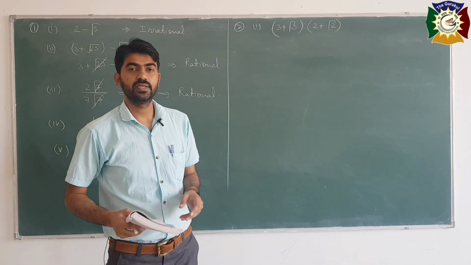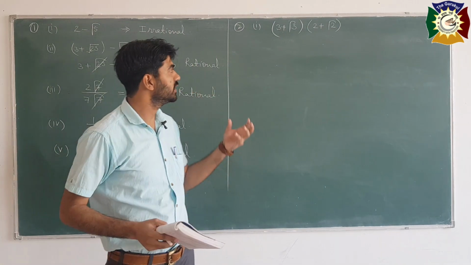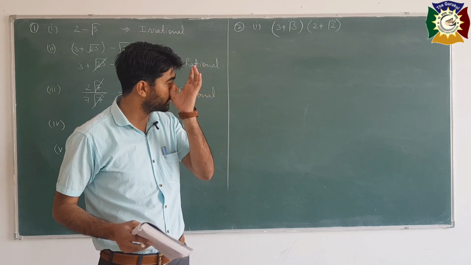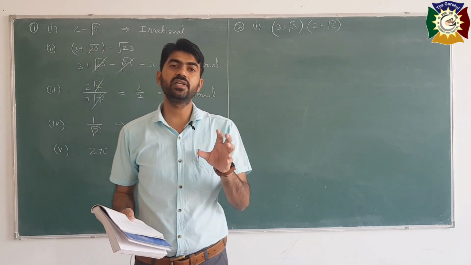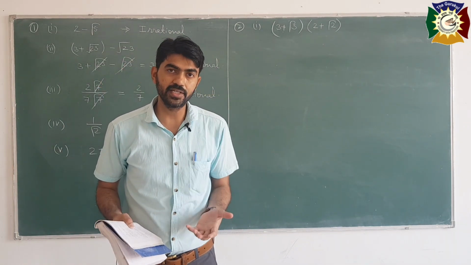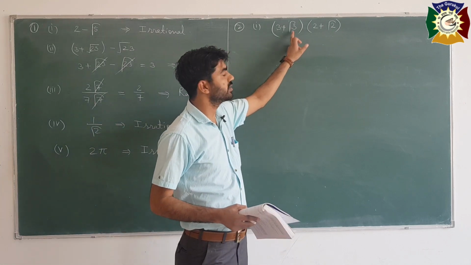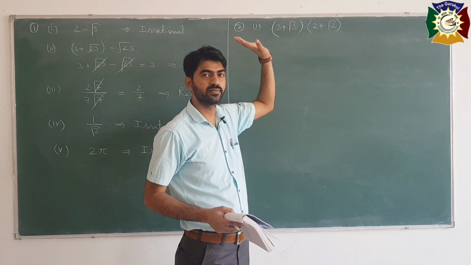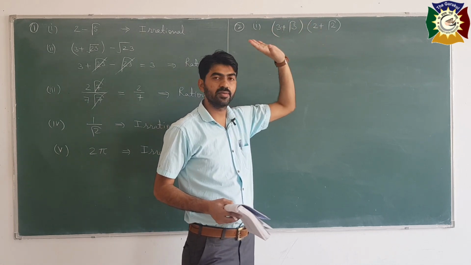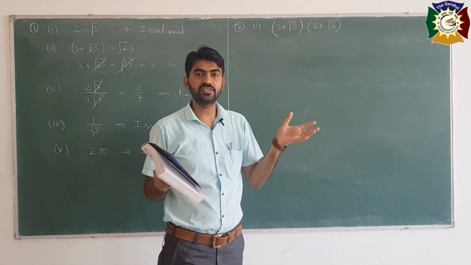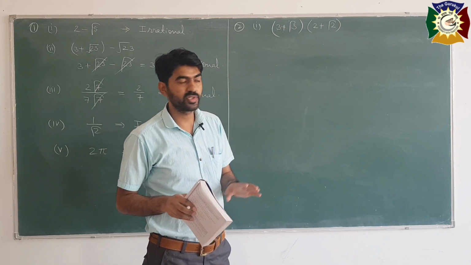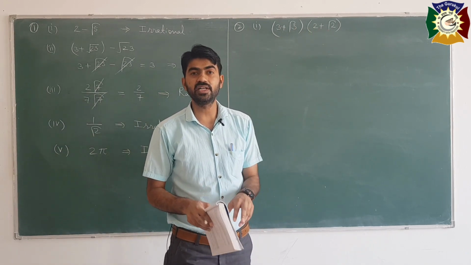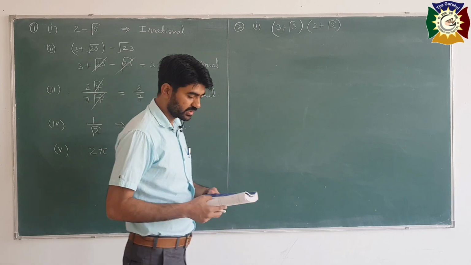While handling irrationals like root 3, root 2, root 5, root 7, you can think that these numbers are like variables. Suppose this is a variable, let it be x, and this is also a variable, let it be y. These variables cannot be added because one is x, another is y, but they can be multiplied. So that we'll see.